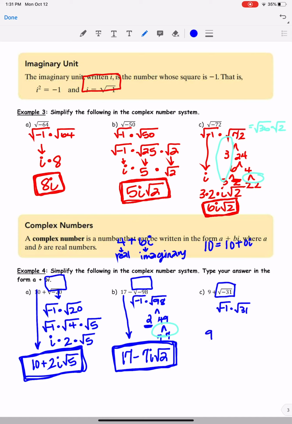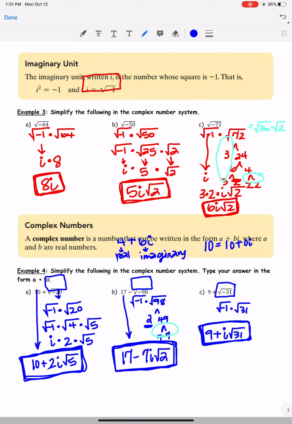So my answer here is 9 plus i square root 31. Not every single number in a radical can be simplified. If you have something like the square root of 19, that's just the square root of 19. You can't do anything with it. There's not a perfect square that goes in.